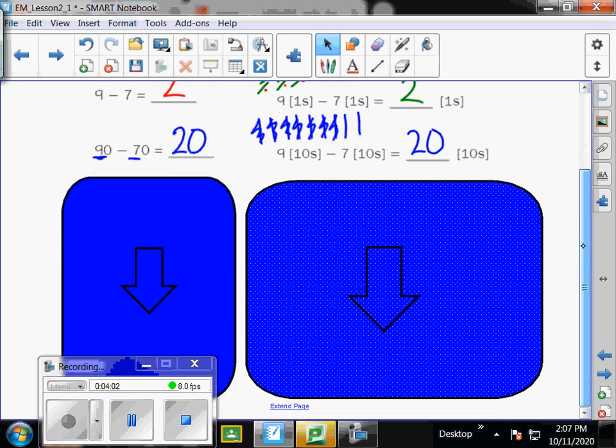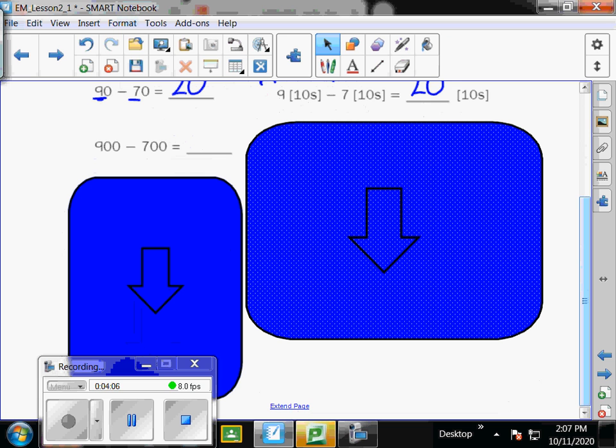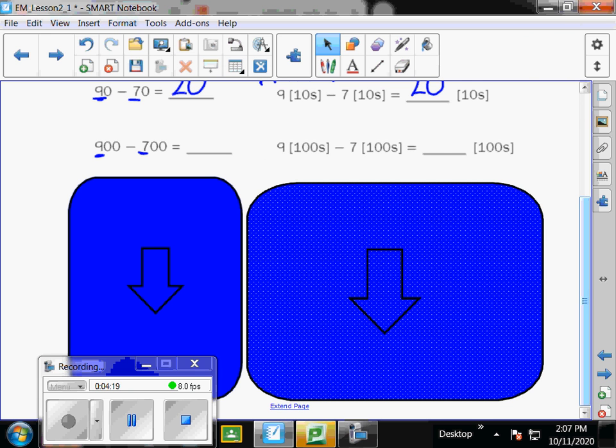Okay, so now knowing that pattern should make 900 minus 700 pretty easy, right? Because again, we still have 9 minus 7, but this time we have 9 hundreds minus 7 hundreds.